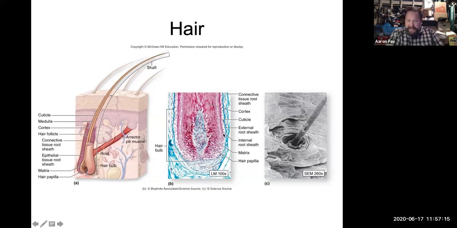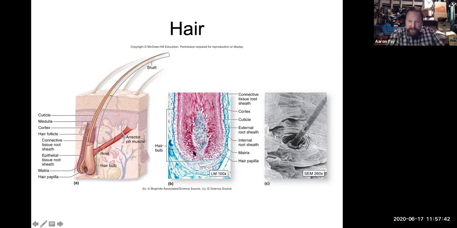You can see in the center of this hair bulb a big chunk of connective tissue. That blue area, this chunk of connective tissue inside the hair bulb, is called the hair papilla. Remember, papilla is like a finger-like projection, because it is a finger-like projection of connective tissue reaching up inside the hair bulb.